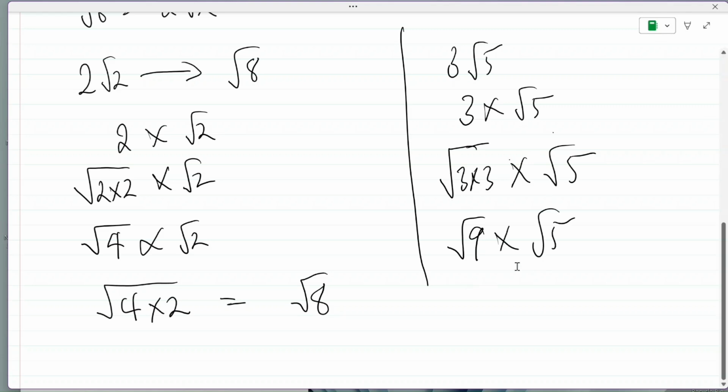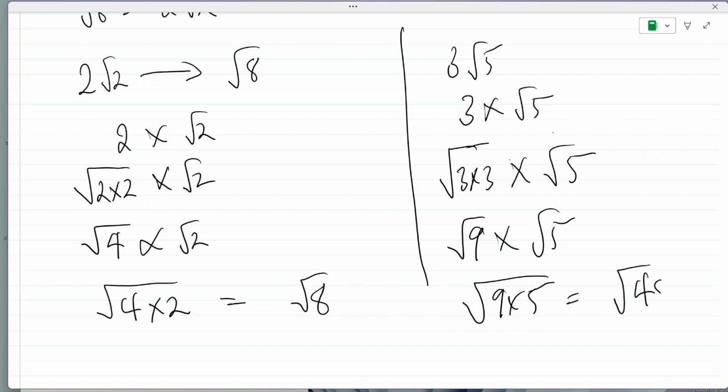You give them a big square root, then you join them together since they are linked by times. 9 times 5 under one root. Then you have square root of 9 times 5, that's 45. We've converted this from basic form back to single form. We have 3 root 5 in the basic form as root 45 in its single form.